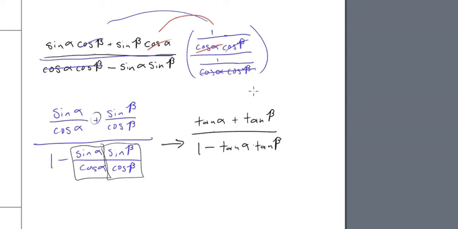And there is what is equal to tangent of alpha plus beta. We went through kind of the proof to get us there. So tangent of alpha plus beta is equal to tangent of alpha plus tangent of beta divided by 1 minus tangent alpha times tangent beta.